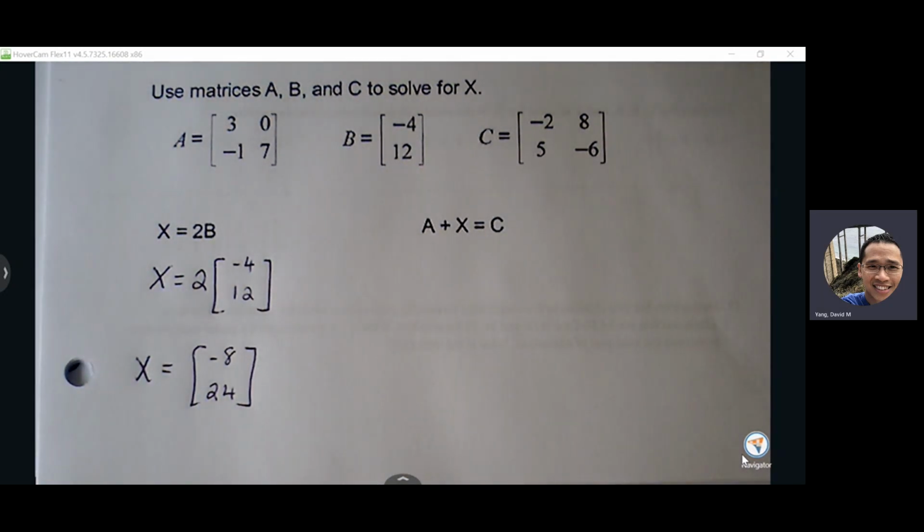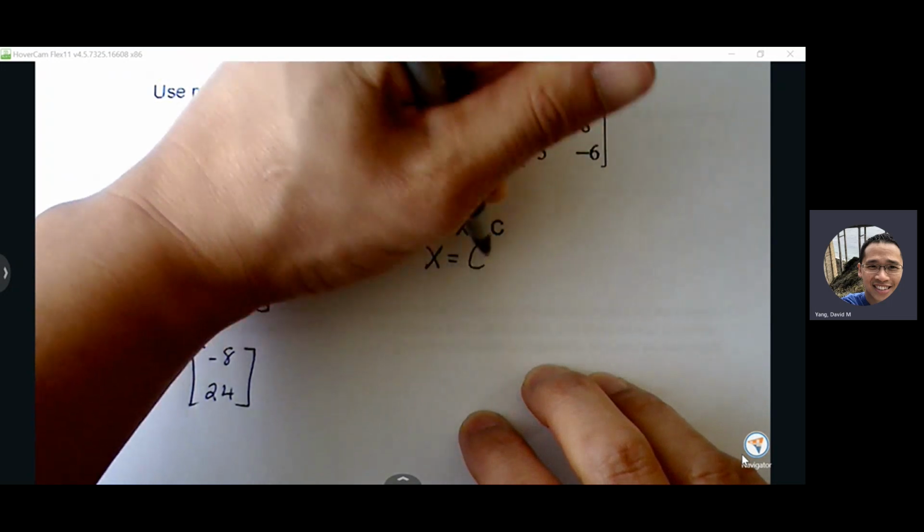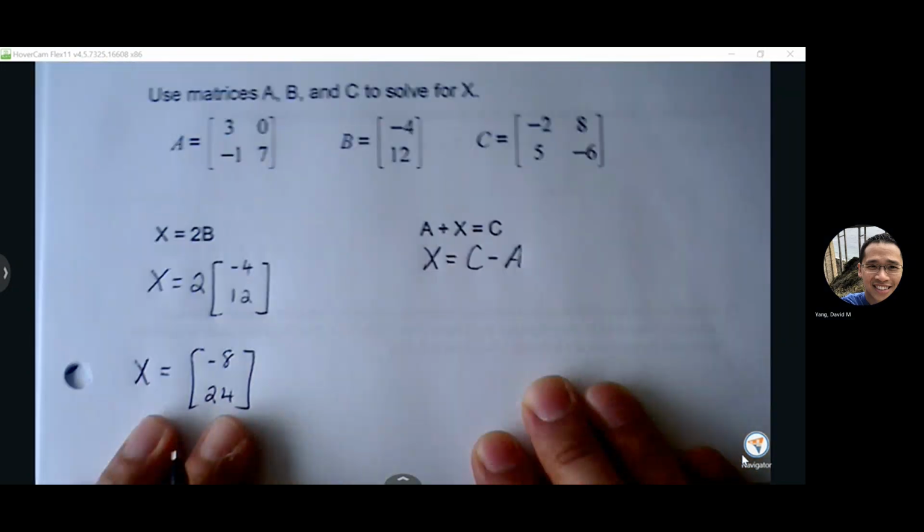If I want to solve for X, what's X equal to? C minus A. Okay, so we're going to simply subtract A from C. Go ahead and try that.